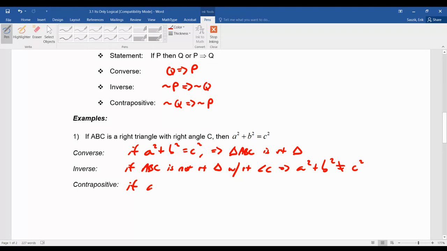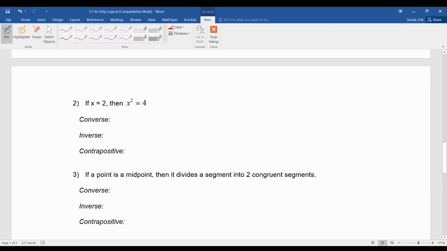And then finally, the contrapositive, if A squared plus B squared does not equal C squared, then triangle ABC is not a right triangle with right angle C. Okay? All right. So if you have a statement, you have a converse, inverse, and a contrapositive.